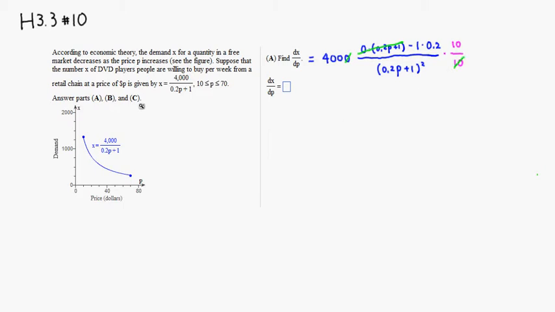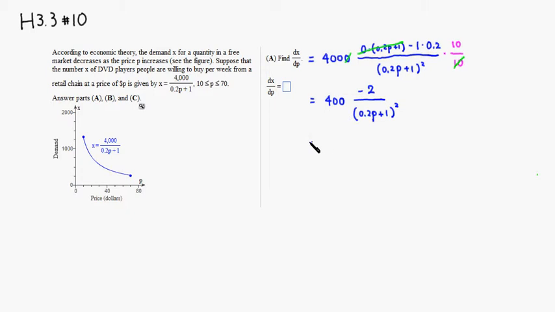We will get 400 times negative, 0.2 times 10 is 2, over the denominator 0.2p plus 1 squared.